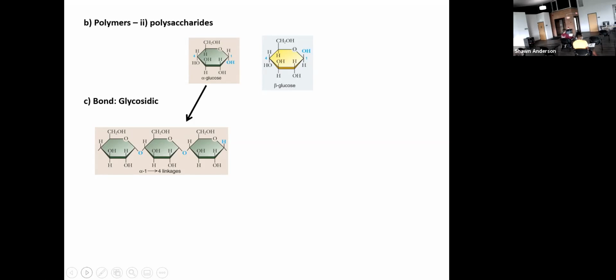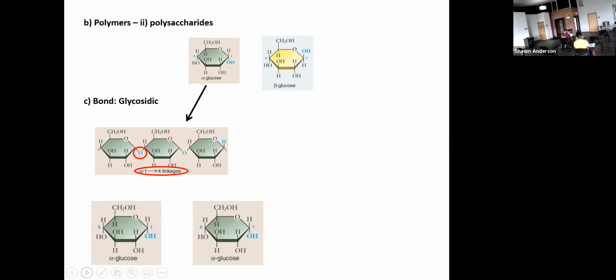The second part of this identification tells us what carbons are being held, where that bond is being formed. So what we're seeing here are two alpha 1,4 linkages. So what does that mean? Well, let's blow this up a little bit. Count our carbons. 1.